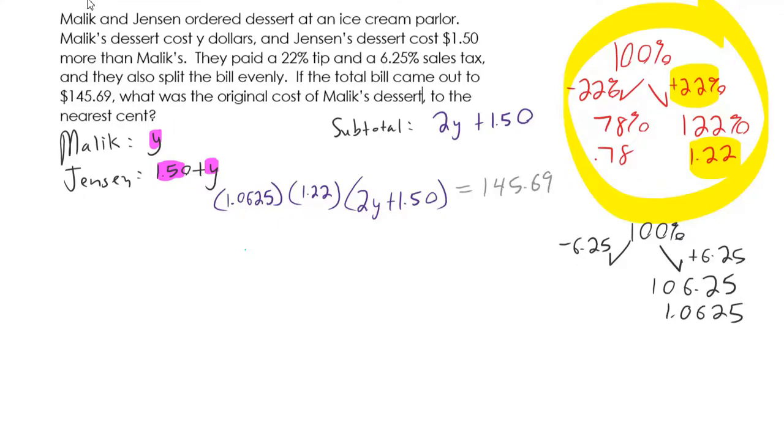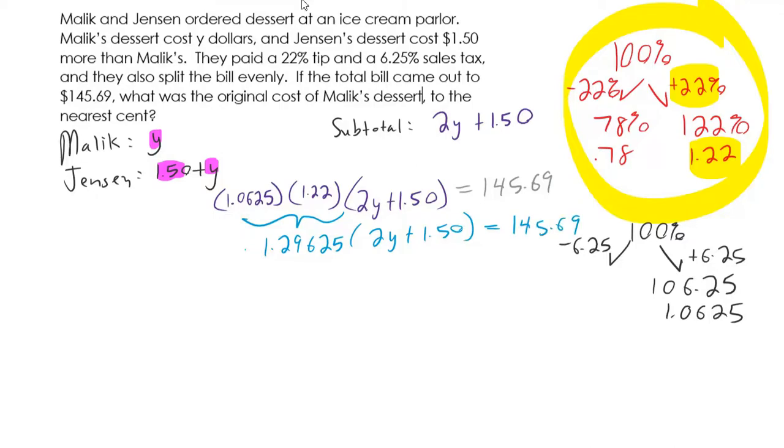145.69. And now we can start doing our steps to solve this. So I'm going to multiply these two numbers, 1.0625 times 1.22, and I get 1.29625 times this equals 145.69.